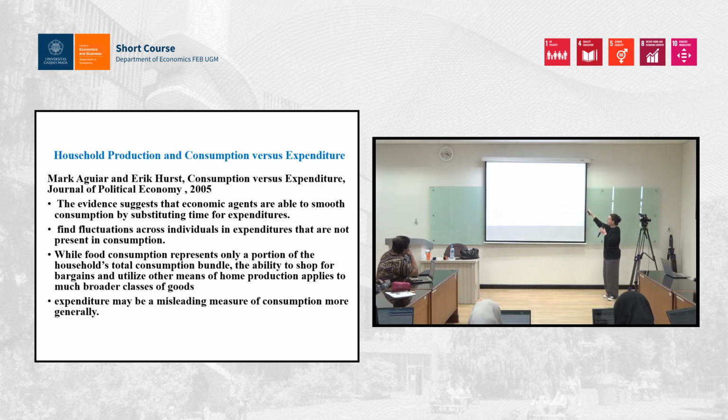You do not see those same fluctuations in consumption, because when you look at consumption, you also have to look at the time that people spend producing things. Okay? And then there is another issue, which is in this paper they're only studying food consumption. So it is easier to substitute between the private expenditure and home production if we look at food consumption.